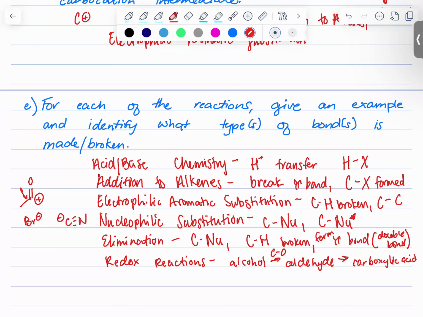What's the major difference between an aldehyde and a carboxylic acid? An oxygen, and we have to make that bond. As we go from this to this.